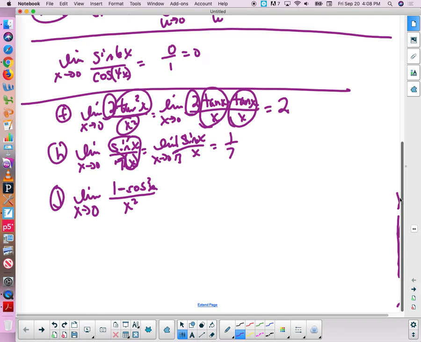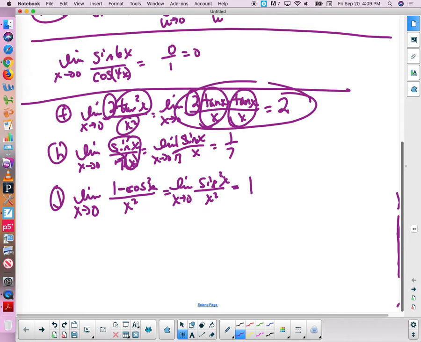However, it's squared, and so hopefully you automatically think of that as sine squared x over x squared. And similar to what I did with this one, that gives you sine x over x and sine x over x. So that one goes to 1. That's J.